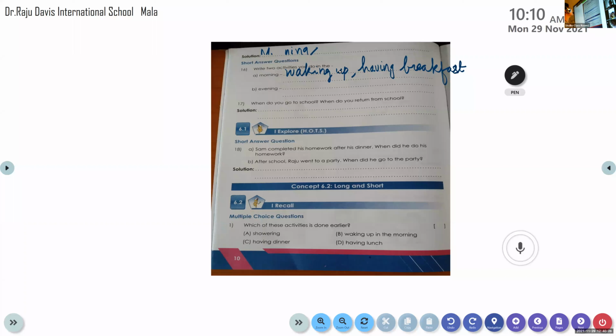Now, evening. Playing. Playing, and we will study with our friends. Playing, studying, any 2 activities. It's your choice. Here I am writing playing, doing homework.